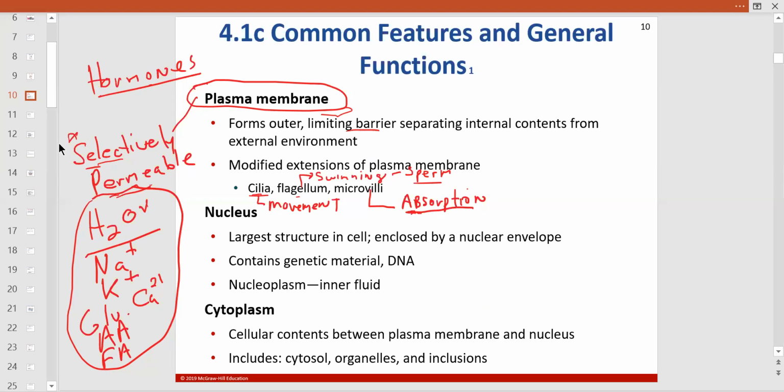Like carbohydrates, of course, would be glucose. Proteins would be amino acids. And the lipids would be fatty acids. Okay, or cholesterol. There's another basic building block of a steroid, which is also a lipid, which is hydrophobic and non-polar.